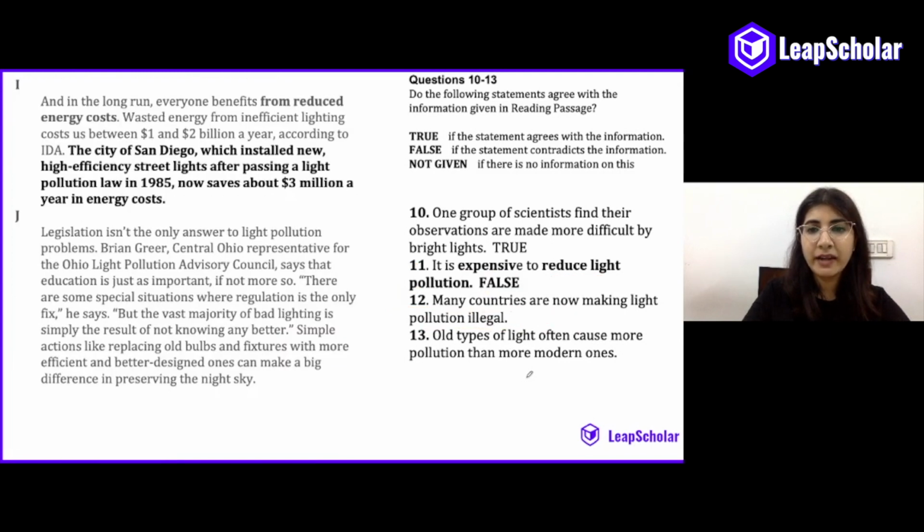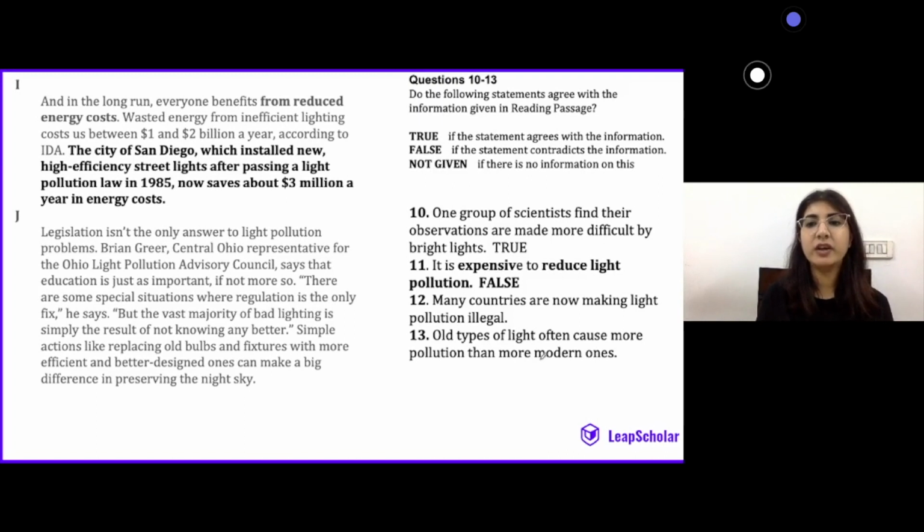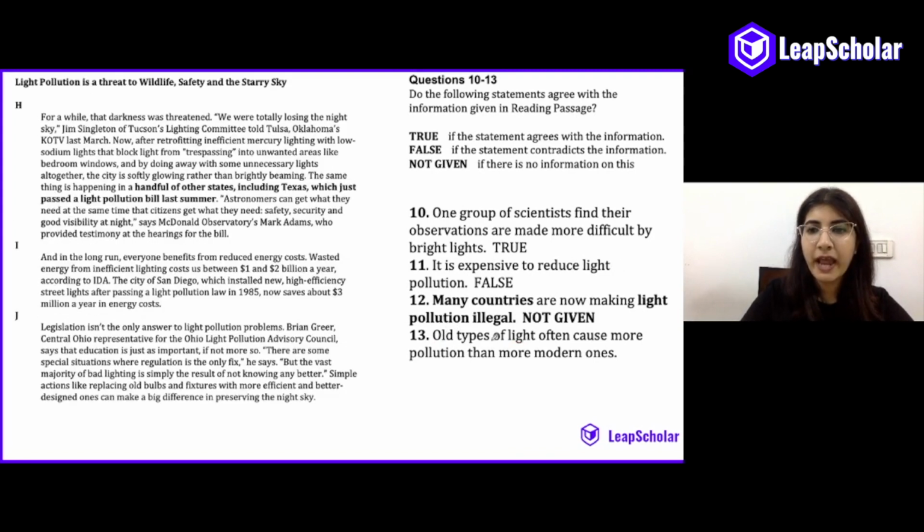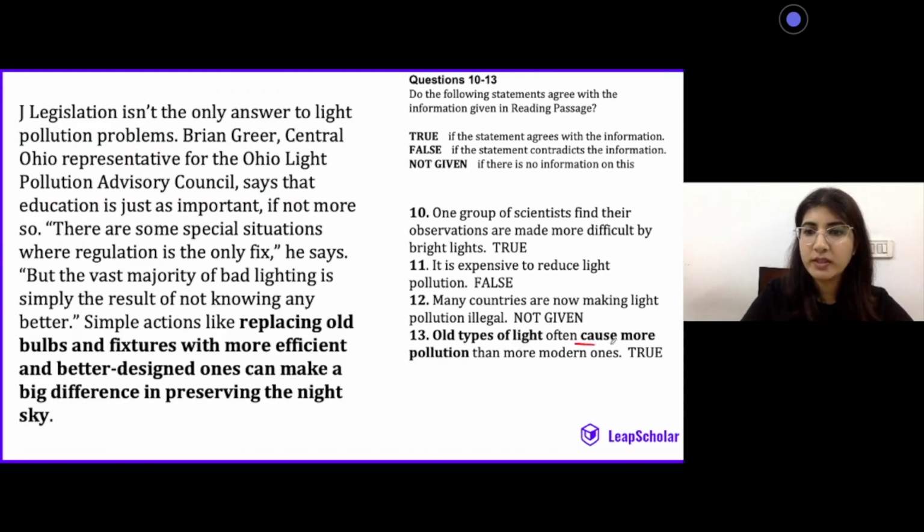All right. And the fourth question: old types of light often cause more pollution than more modern ones. You simply need to ask yourself this question: do old types of light cause more pollution than modern ones? Reading this sentence, I will look for the keywords old types of light and cause pollution.